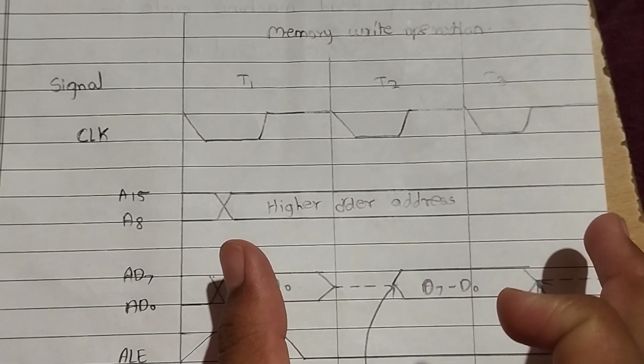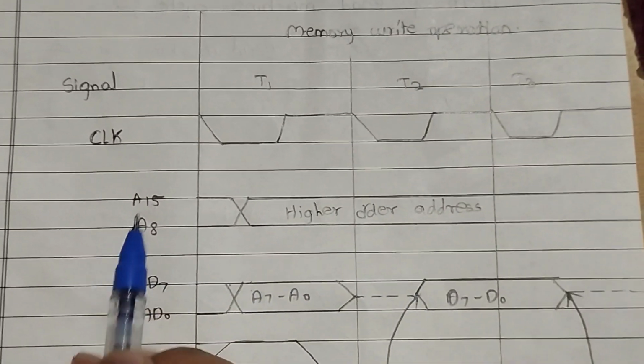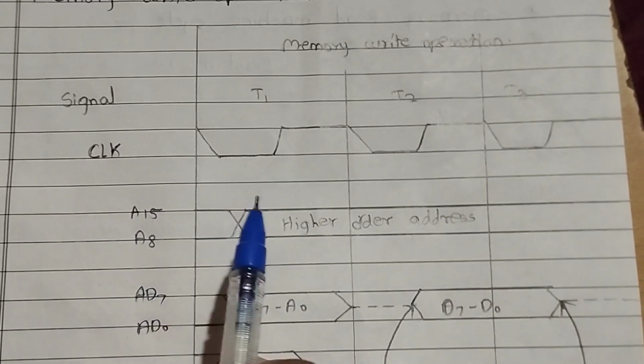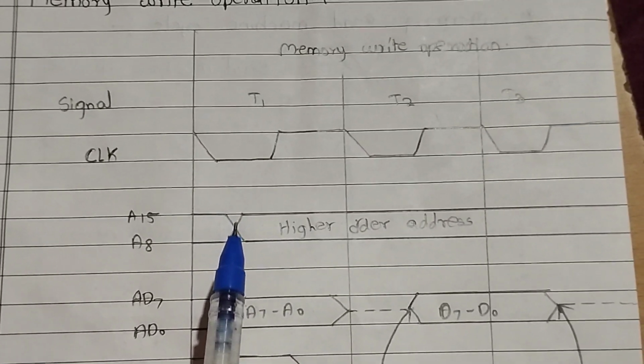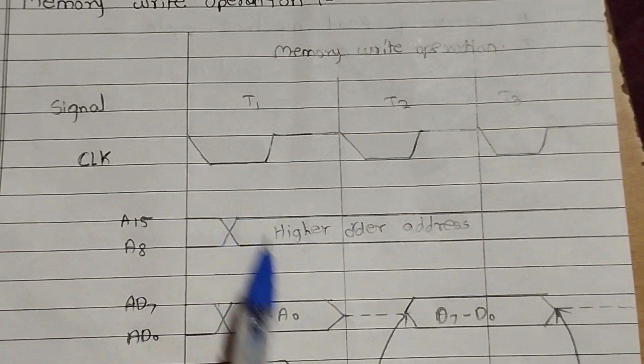See the difference between all these T states. At A15 to A8, the address is written in the column which starts from T1 and runs to T3.